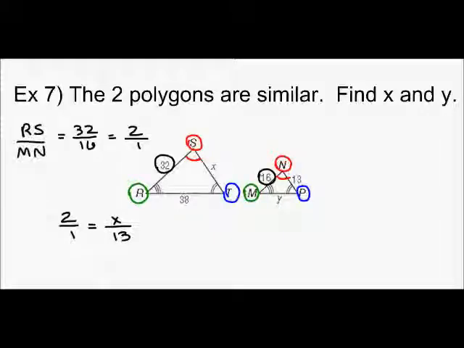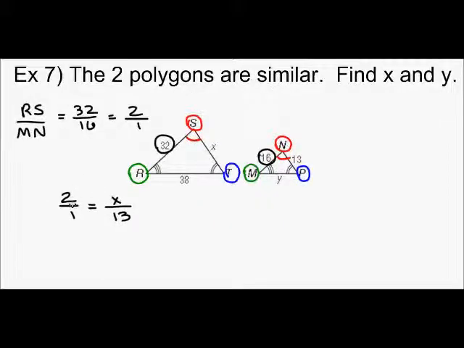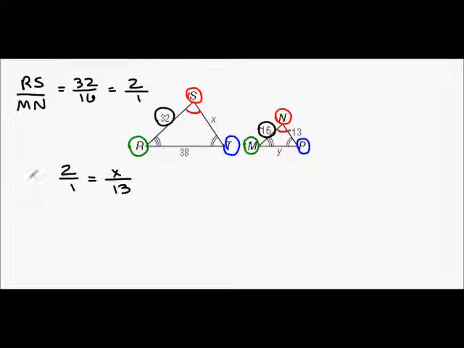And if you wanted to do this without simplifying this first, you can. You could say 32 over 16 equals X over 13 and solve it that way. This way just gives you a little bit more simplified multiplication.